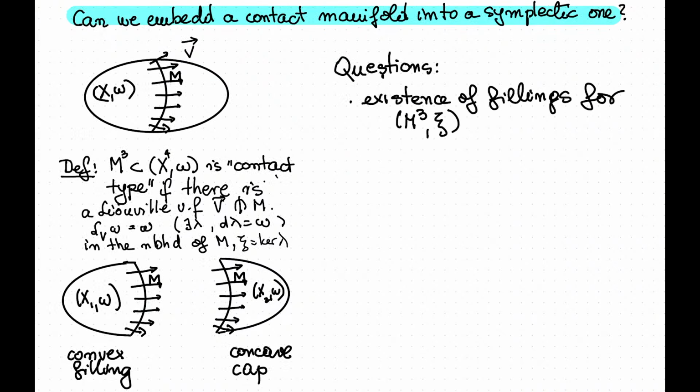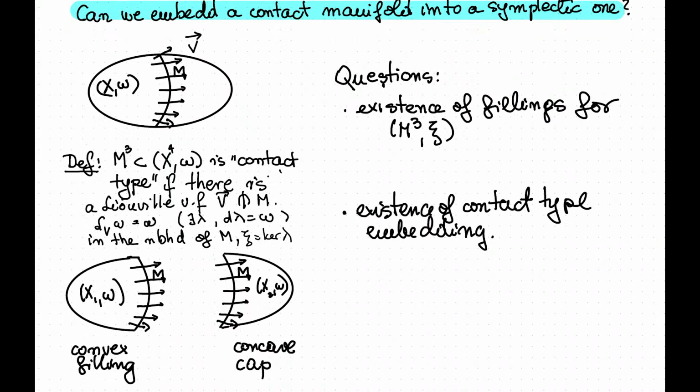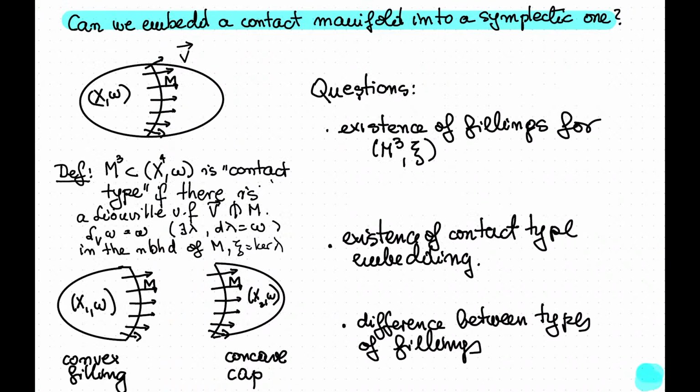And so the questions that we want to consider are existence of fillings for a contact structure, existence of contact type embeddings, and difference between types of fillings. Those are clearly questions. We'll try and talk about some of them.